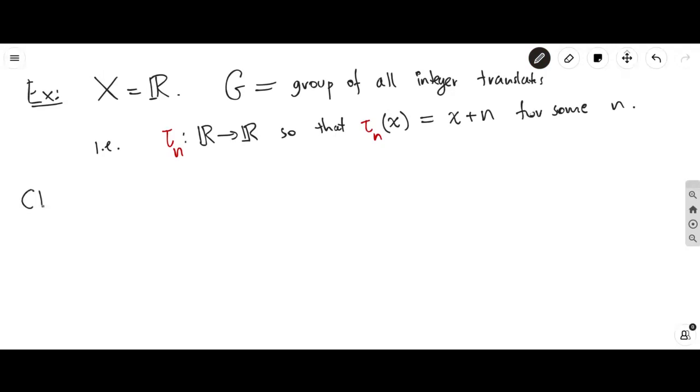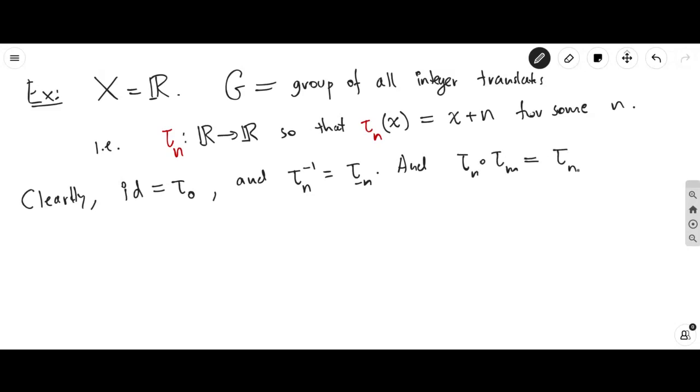So clearly the identity map is translation by 0, and the inverse of a translation is translation by a negative. And if you have two translations and you compose them together, then you get a translation which is the sum of these two numbers.